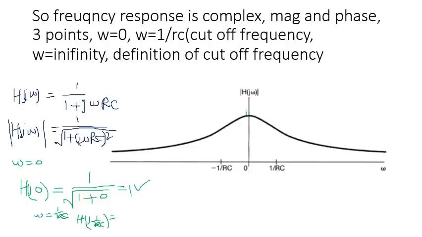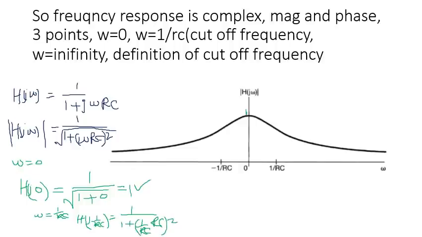Now we take omega equals 1 by RC. Here RC multiplied by 1 over RC cancels and we have 1, so we have 1 over 1 plus 1 by RC times RC, whole square.